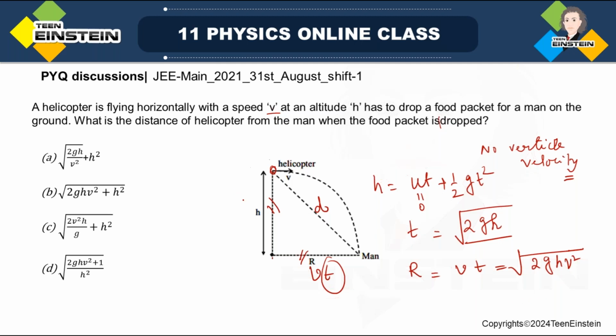Okay, now I have got this r. So I have to find out d. So d will be the square root of h square plus this r square. Okay, so what is this r square? R square is actually 2h v square by g.